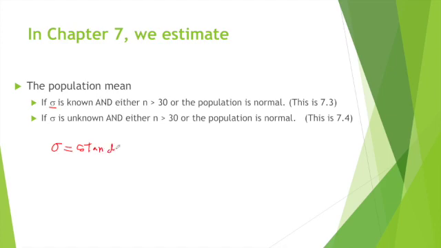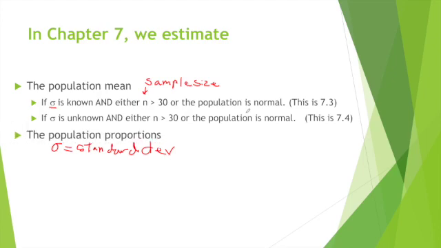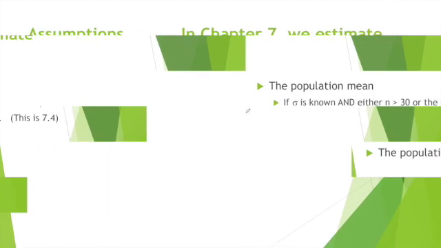We can do this whether our standard deviation is known or unknown, as long as our sample size, remember N is representative of our sample size, is large, or if our population is normal. These are when we can estimate the population mean. We also are going to take a look at population proportions and population variances.